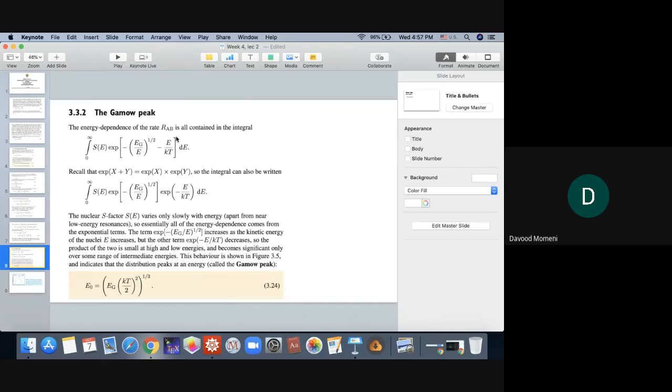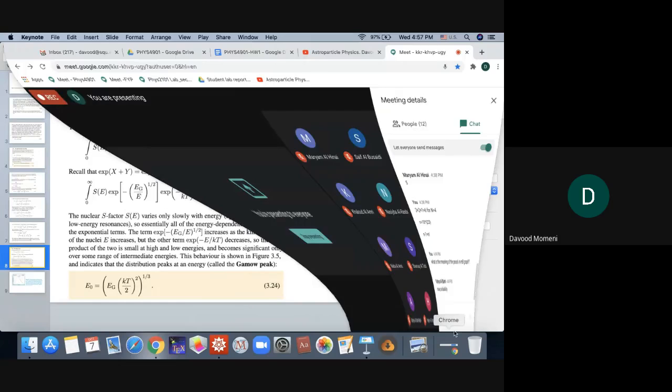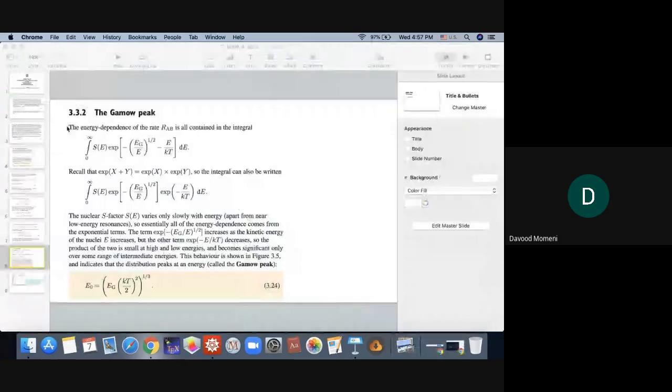Integral S(E) multiplied with the Gamow factor. The technique is that this exponential is like exponential of x plus y. So you can write this like exponential x times exponential y, and then what is happening is that the Gamow distribution has a peak.